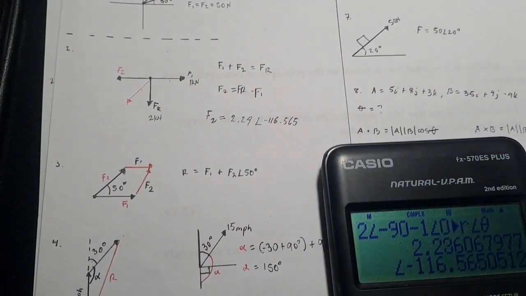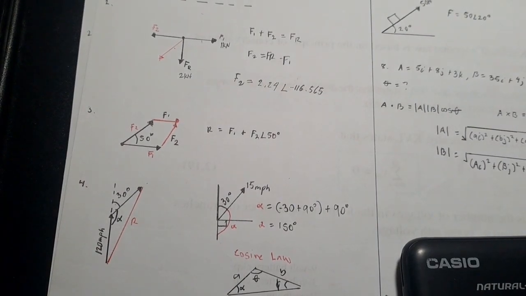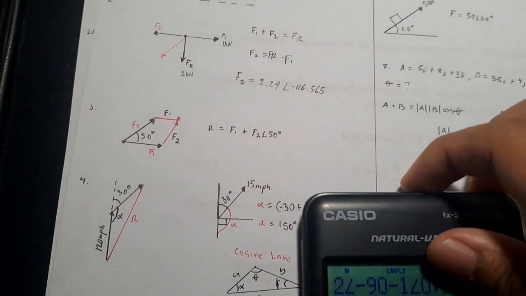So let's have number 3. If two forces 30 kilonewton and 20 kilonewton are separated by 50 degrees, what is the resultant force? So same to na number 1, hindi niya sinabi kung kanino yung 30 degrees.